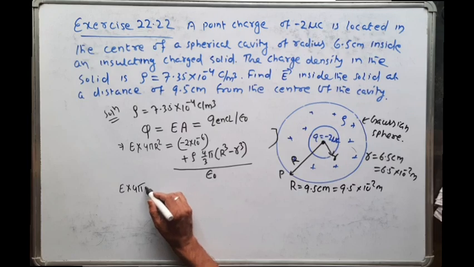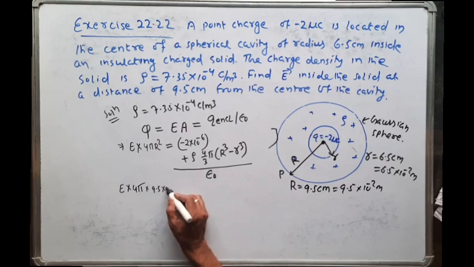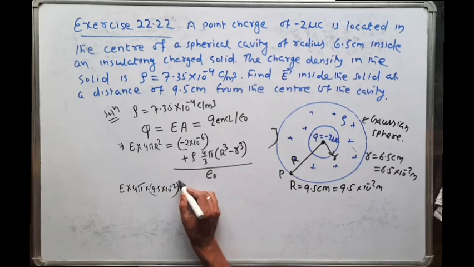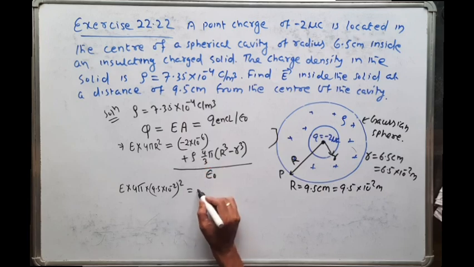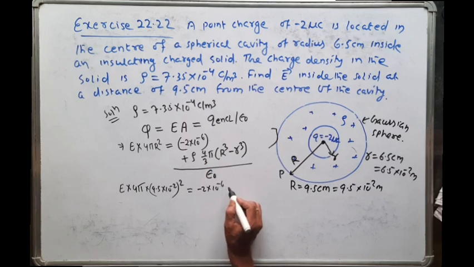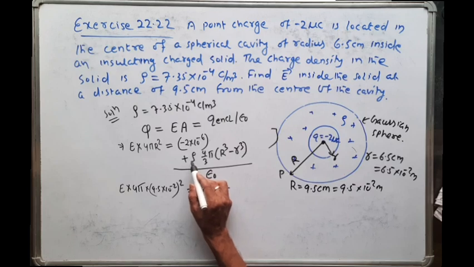So you see, E into 4 pi r square, where r is 9.5 into 10 to the power minus 2, whole square, is equal to minus 2 into 10 to the power minus 6 plus rho. What is rho?